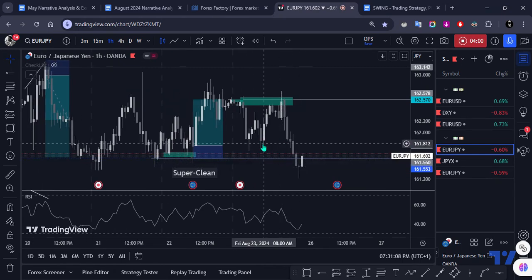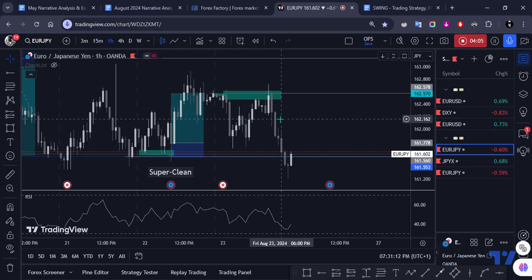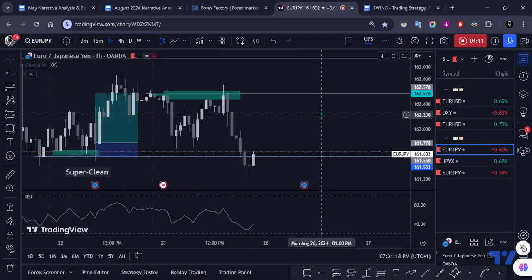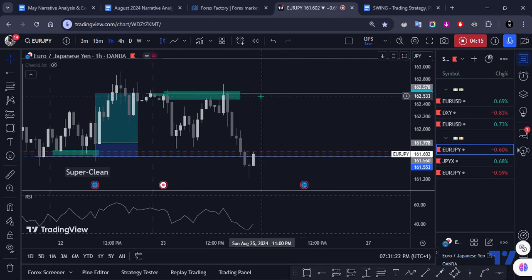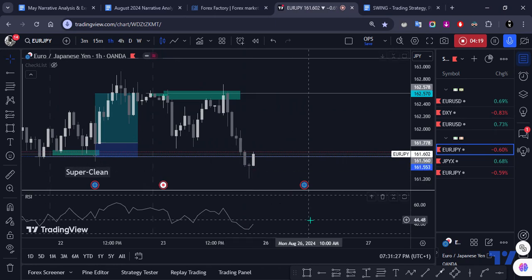I was buying at this spot, then the price started to fall. So it fell after the news, reacting to the interest rate reduction with the USD currency. And that's why we had this crazy move.